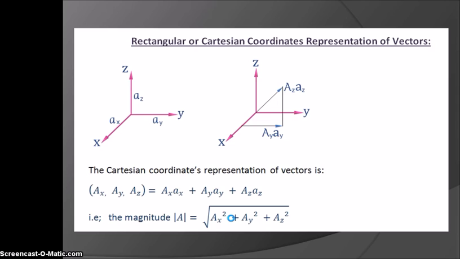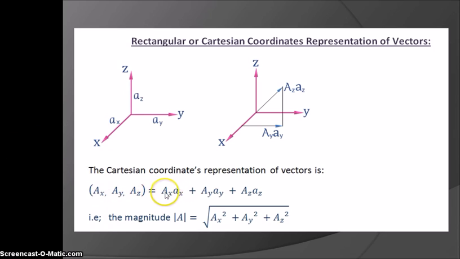This is three-dimensional, and we have ax, which is a unit vector along the x-axis, ay, which is the unit vector along the y-axis, and az, which is the unit vector along the z-axis.